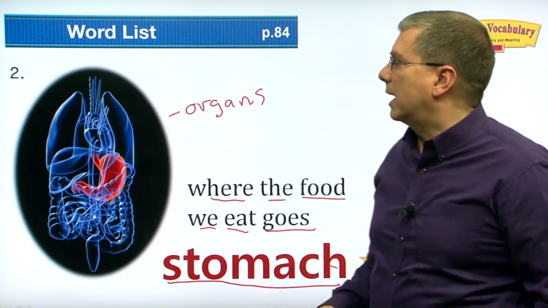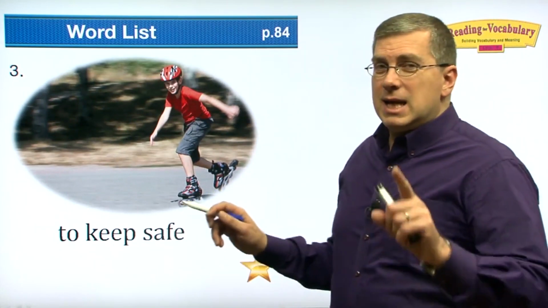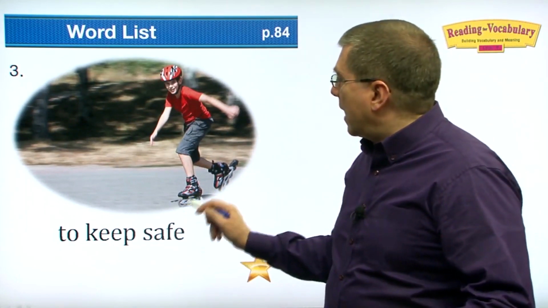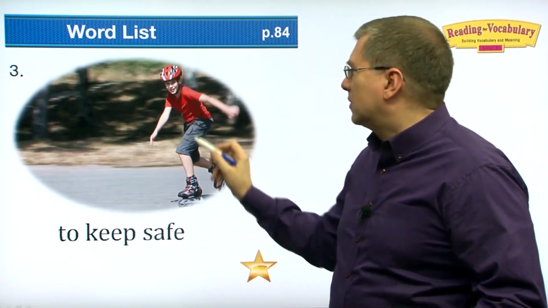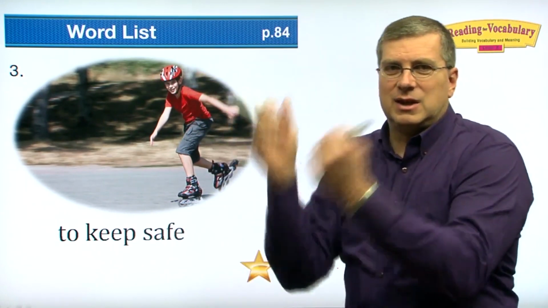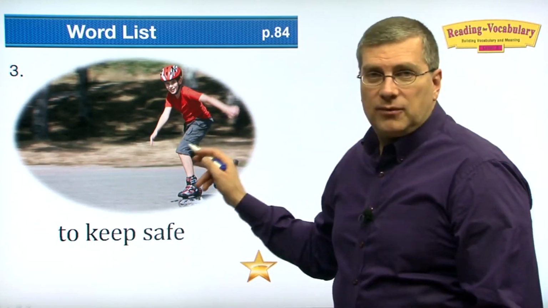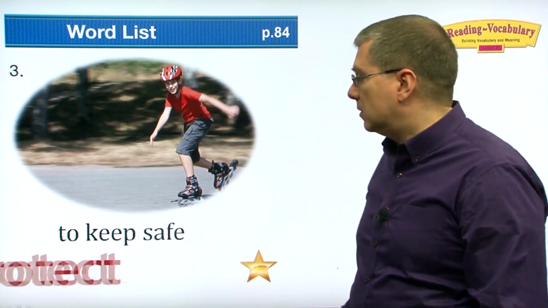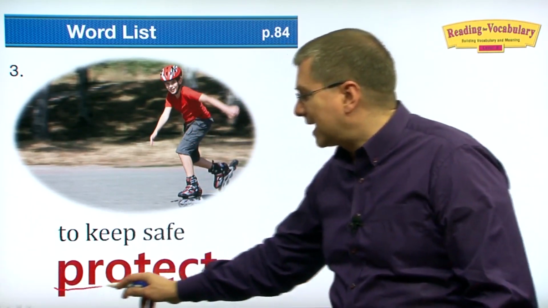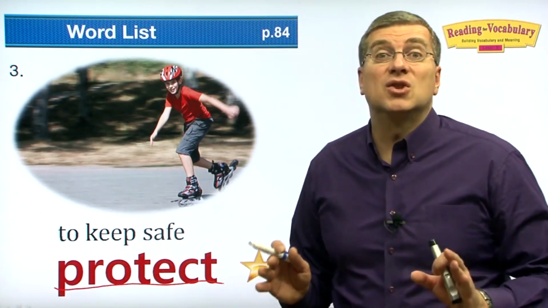Okay, number 3. This boy's having fun, but he is keeping safe. How? Because he has a helmet on. Of course, he should probably wear pads on his elbows and his knees, but be careful, wear a helmet, keep safe. What is he doing? He is protecting his body. So when you're playing, protect yourself.